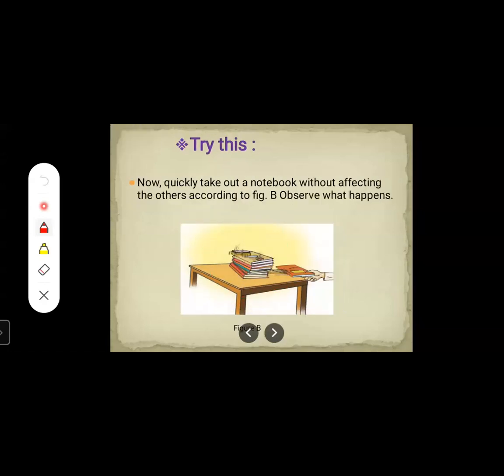Then after that, just quickly, within 1 second only, we will take out one notebook without affecting the other notebooks. Immediately we have to remove one notebook from the bundle of notebooks. So what will happen? All the objects will drop down, they will fall down.